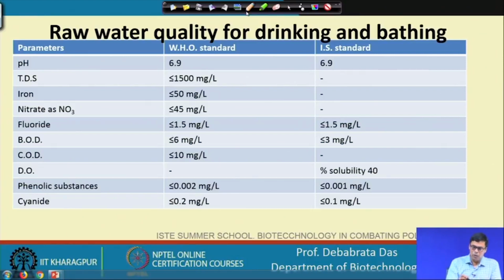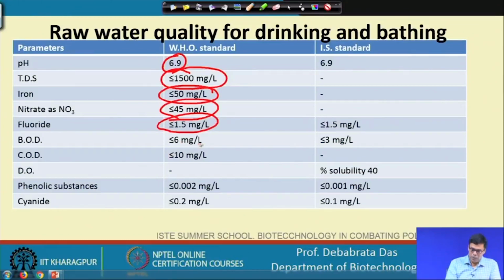Now, if you look at the raw water quality, that is very important, as it is determined by the WHO. In day-to-day life, we take the raw water, and we should know what the quality of the drinking water should be. The pH should be 6.9. The total dissolved solid should be less than 1500 milligram per liter. Iron content should be less than 50 milligram per liter. Nitrate should be less than 45 milligram per liter.